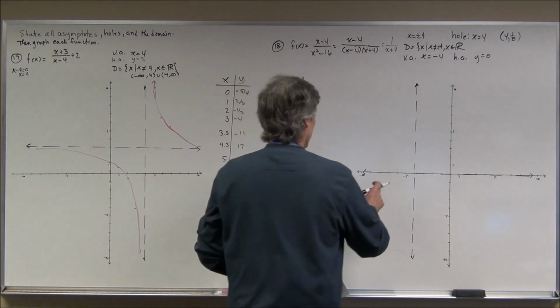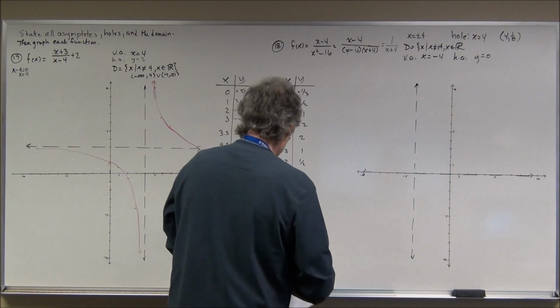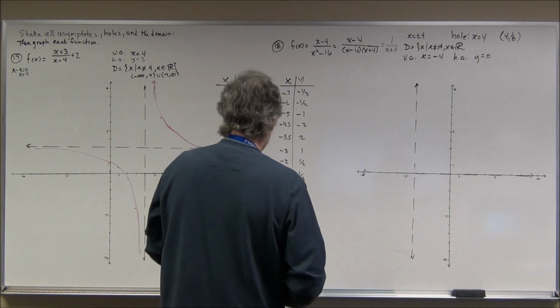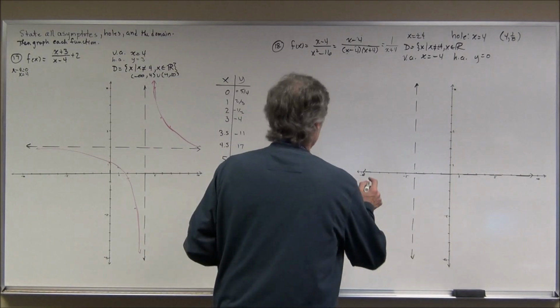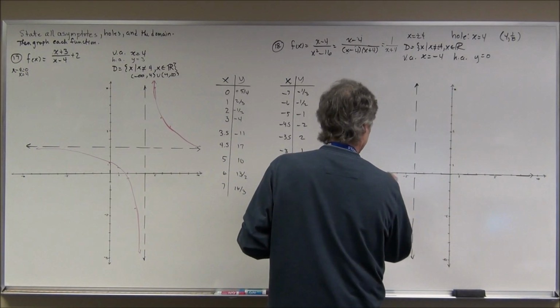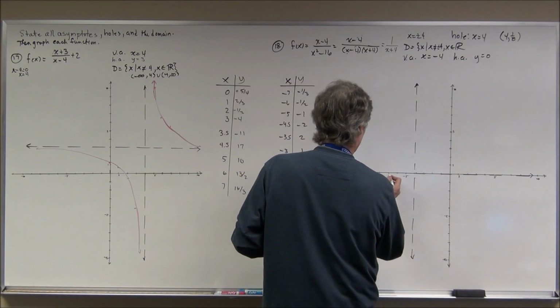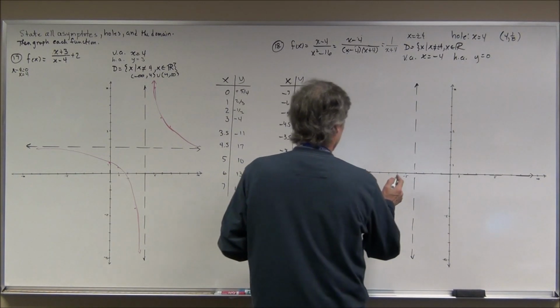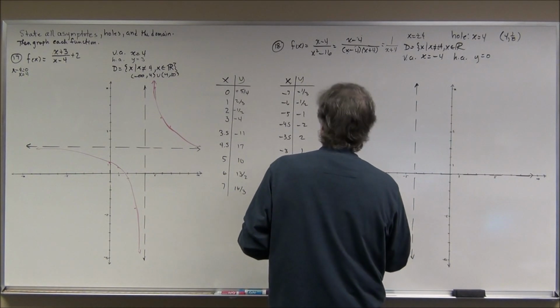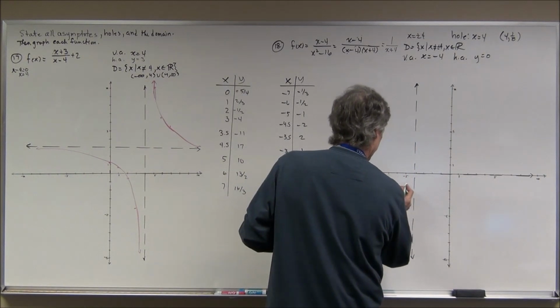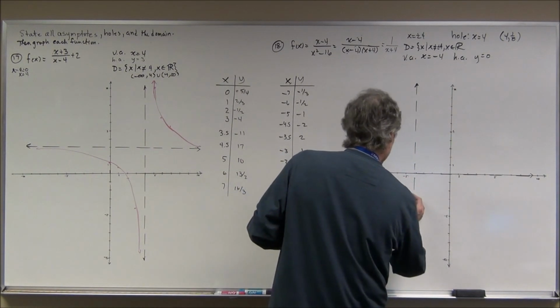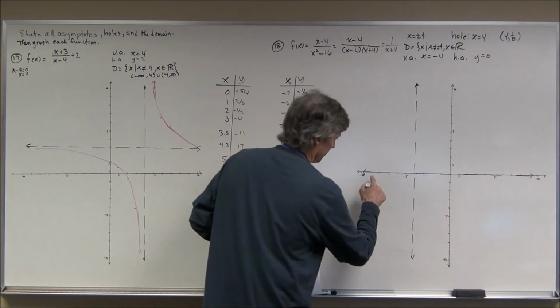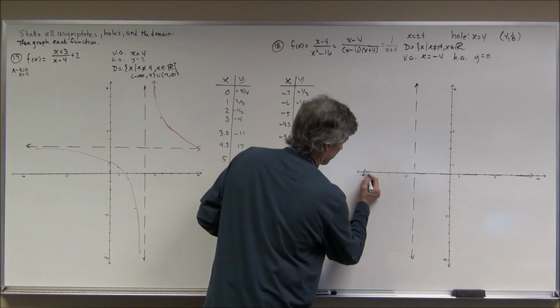So -7, let me get a different color here. Do this one in green. So -7, -1/3. 5's right there, -1/3, about there. -6 is -1/2. -5 is -1. -4.5 is -2. Hopefully you can see this green coming right there.